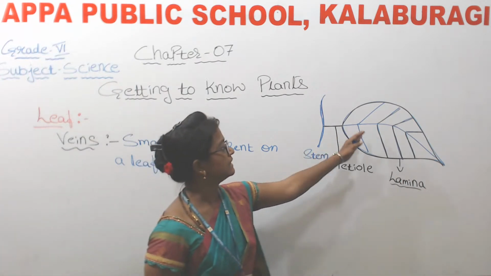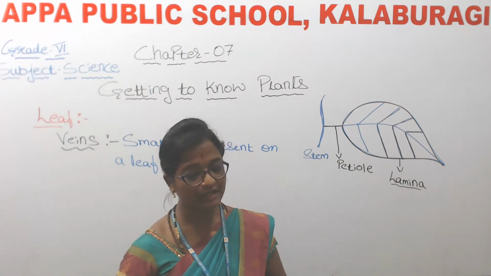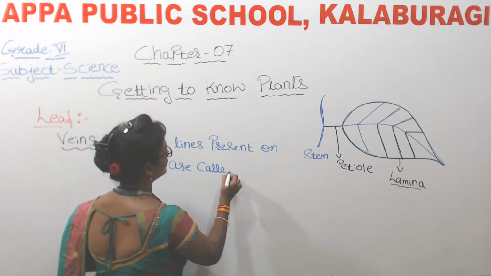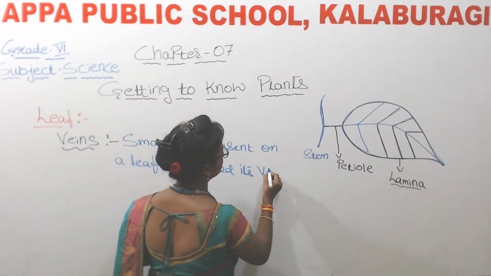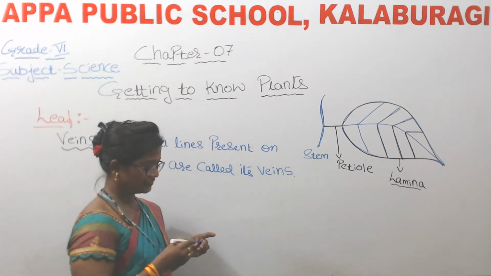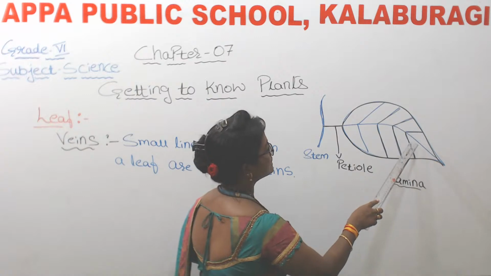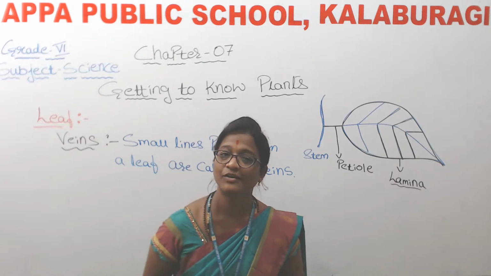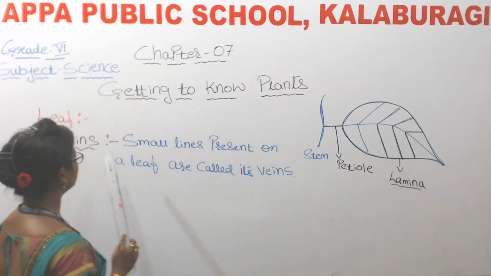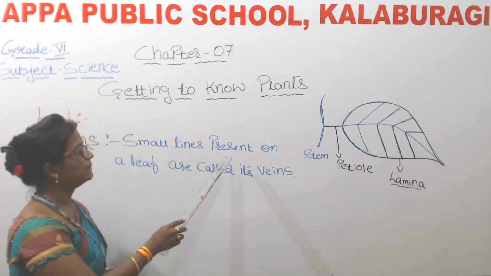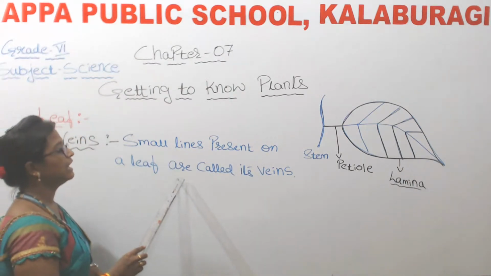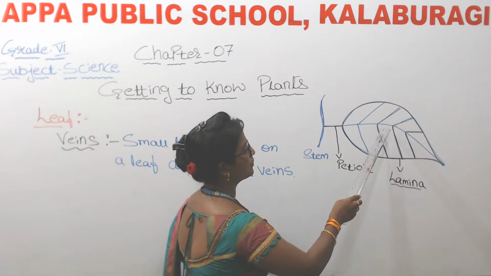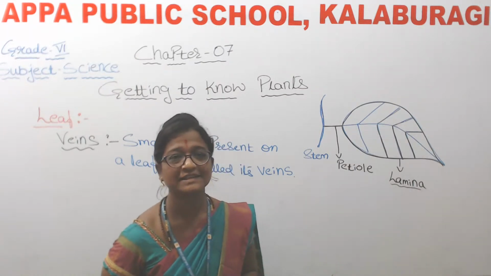So here you can see the lines which are present on a leaf are called veins. Once again I will repeat: small lines present on a leaf are called its veins.